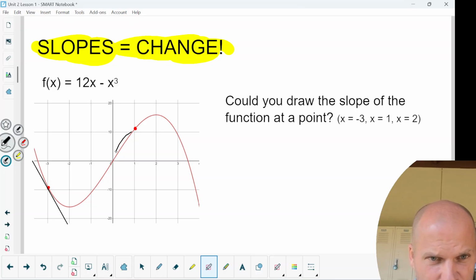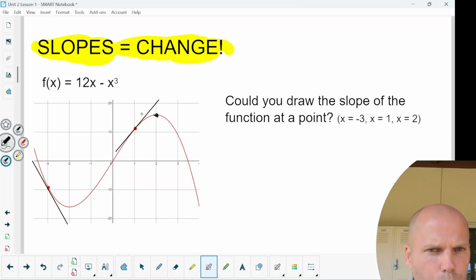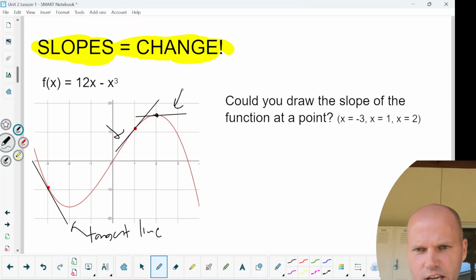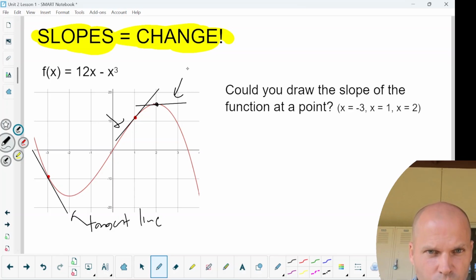Would that make sense, that that is the slope of the function at a point? What you've just drawn is called a tangent line. These are tangent lines. Cool. The question is, what are these slopes?